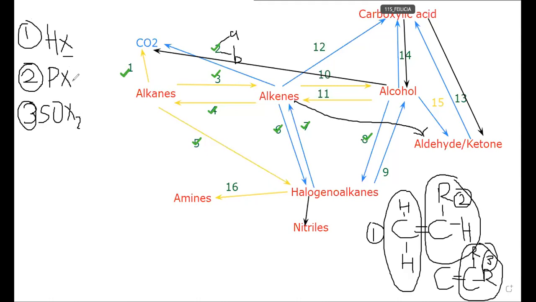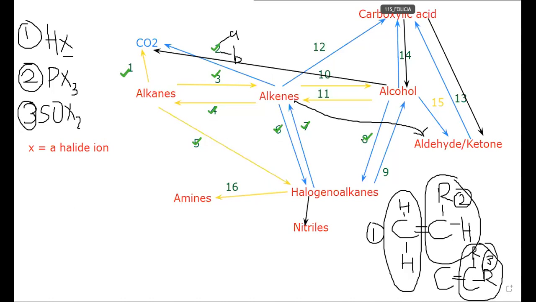So PCl3 can also, PCl5 also possible. So the X equals a halide ion. Okay, thank you, teacher.